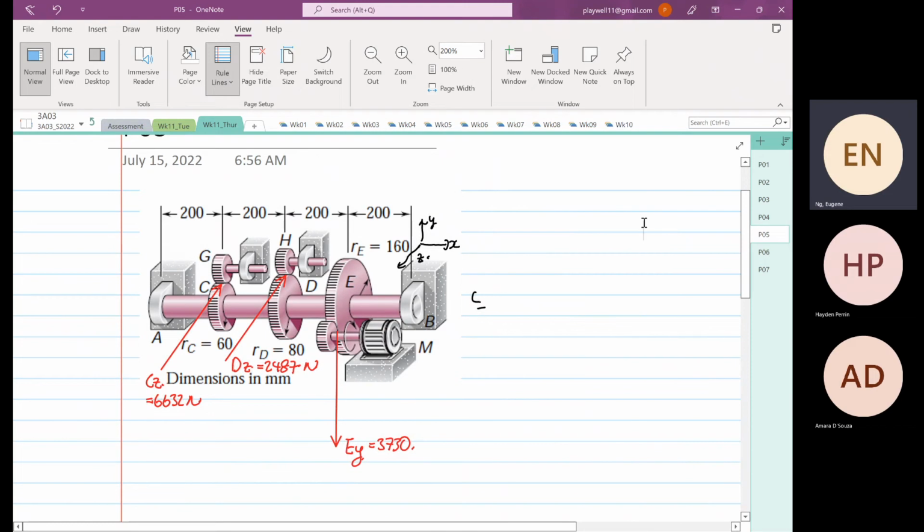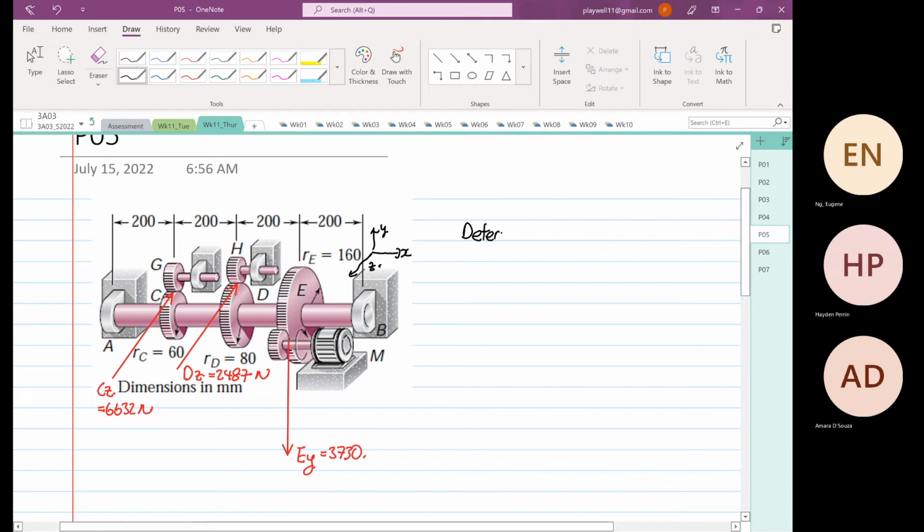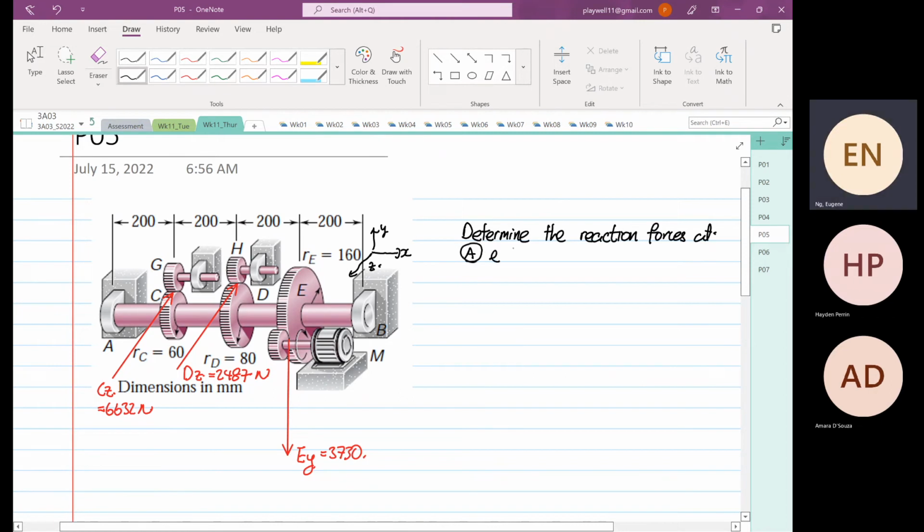So once we have all this information, the next thing is we are going to determine the reaction forces at point A and point B. Points A and B are usually used for bearings, so you tend to put your ball bearings over there.